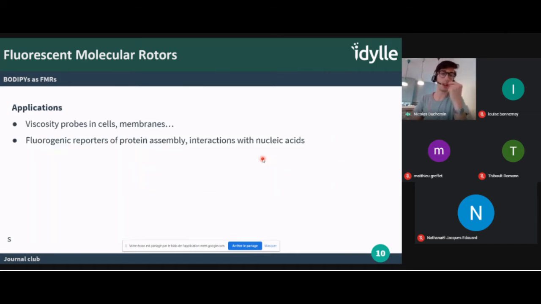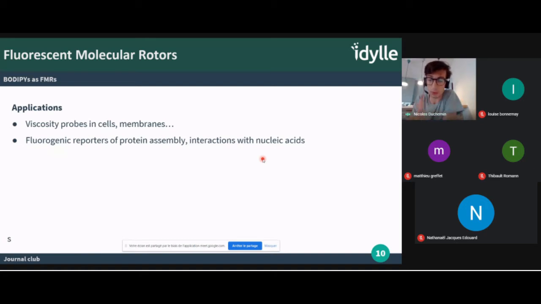So the applications of FMRs are quite numerous. They can be viscosity probes in cells, cell membranes, organelles, and actually synthetic membranes. But they can also be fluorogenic reporters of protein assembly or interaction with nucleic acid. This is pretty interesting because you have to understand that once you have a proper interaction between a compound and a target, such as the catalytic sites or any type of site in a protein or a nucleic acid, you will kind of lock your compound in a certain conformation.